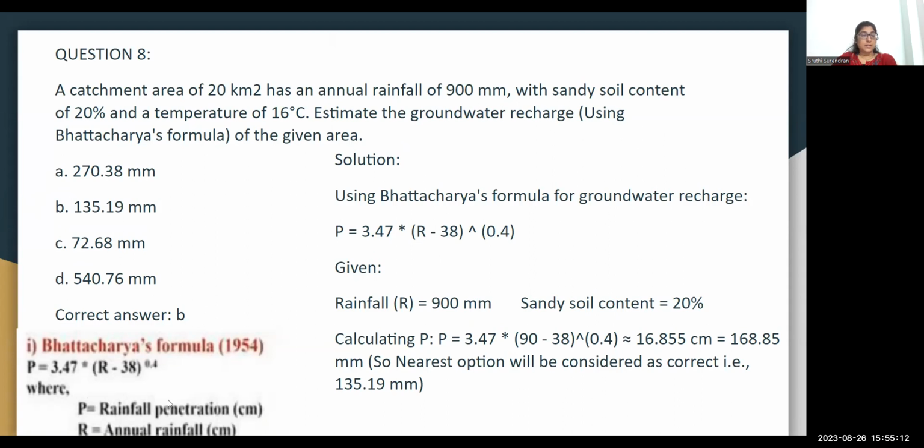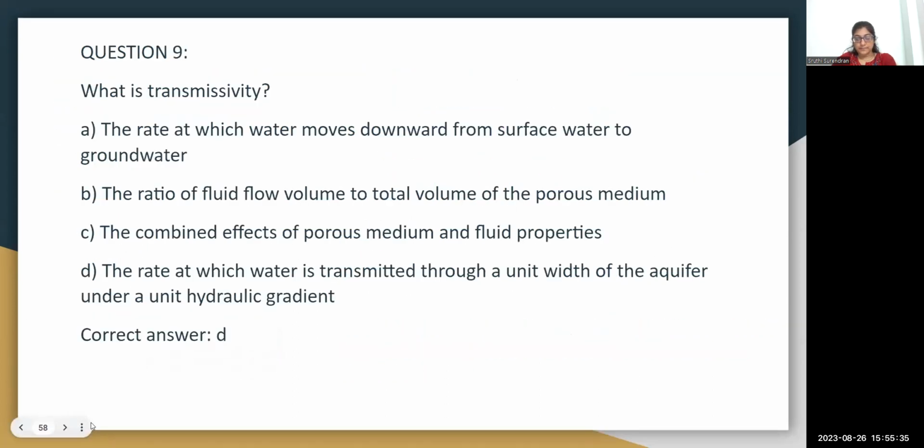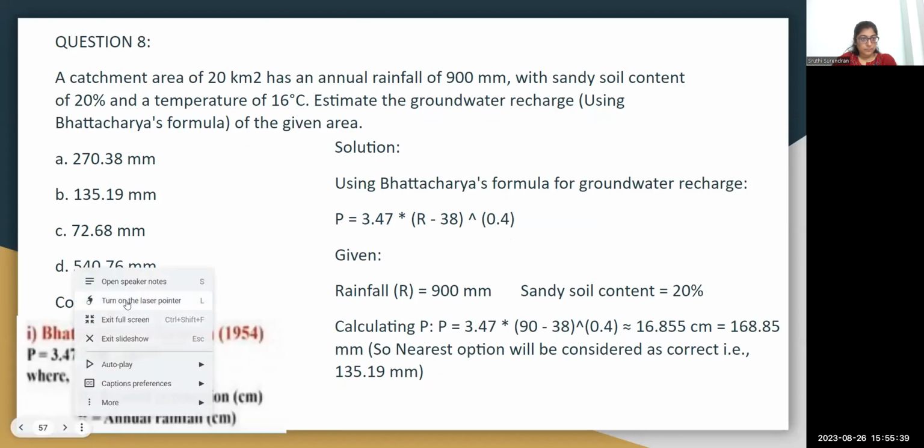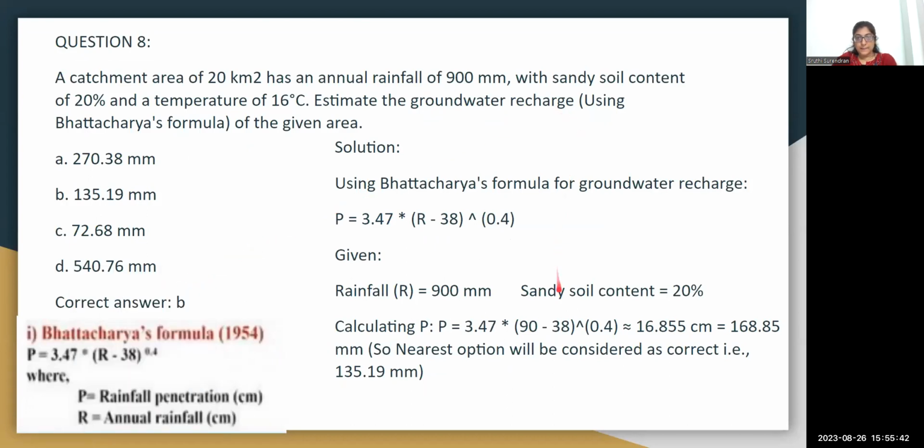So in this Bhattacharya formula, they are making use of this equation P equal to 3.47 into R minus 38, the whole power 0.4. P is the amount of groundwater recharge. R is the annual rainfall occurring. So we have to find P in this question. R value is given as 900 mm. 900 mm is equal to 90 centimeter.